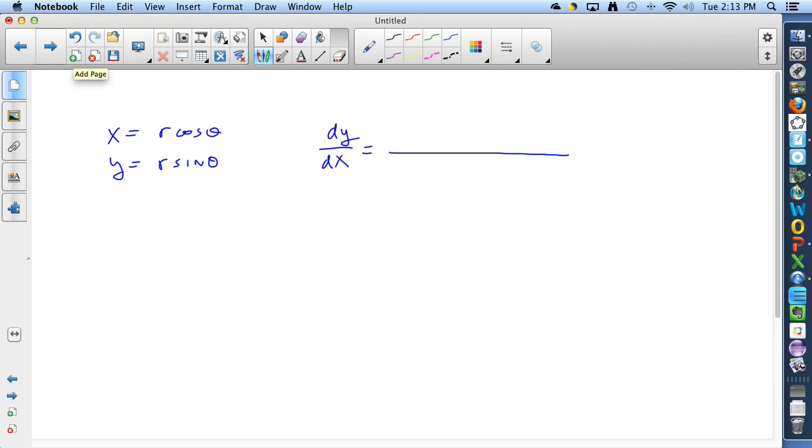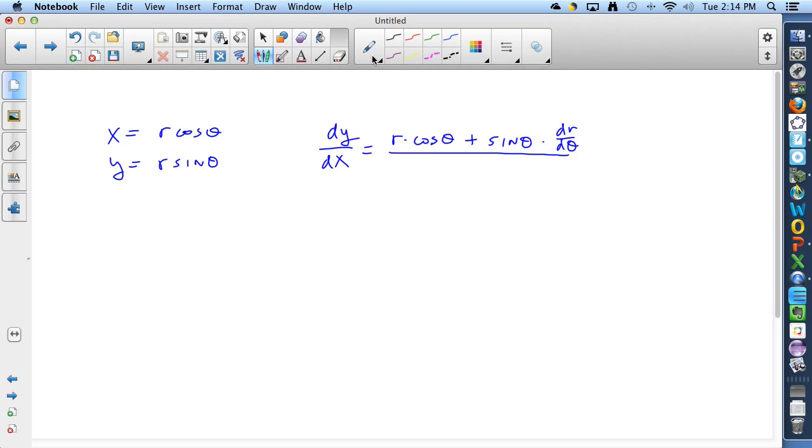Product rule with the chain in mind: first times the derivative of the second, plus the second times the derivative of the first, which I'm going to say is dr d theta, because r is a function of theta. Theta's the variable, so I don't have to chain on d theta; it would just be one.